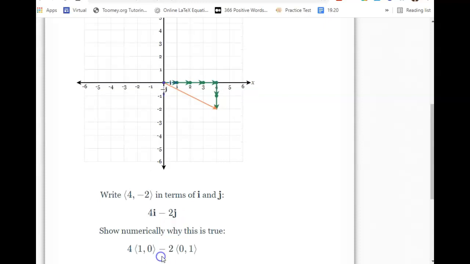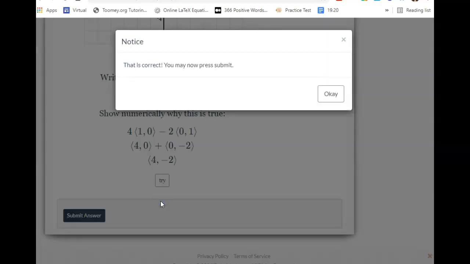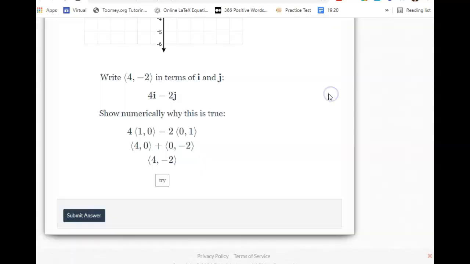And I'm going to try it. And then it says show numerically why this is true. So when I show numerically why this works, if I distribute this back out, this gives me 4, 0. This gives me 0, negative 2. I can try that. I am correct. And then I submit.